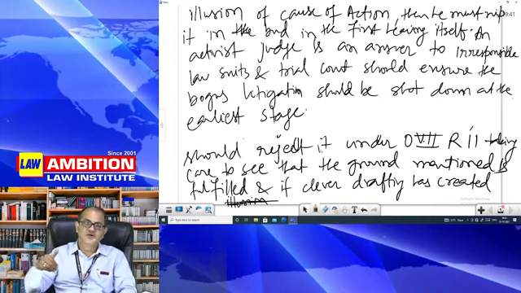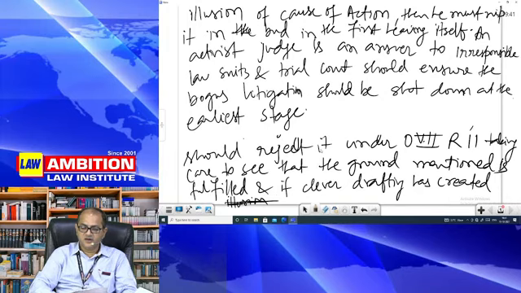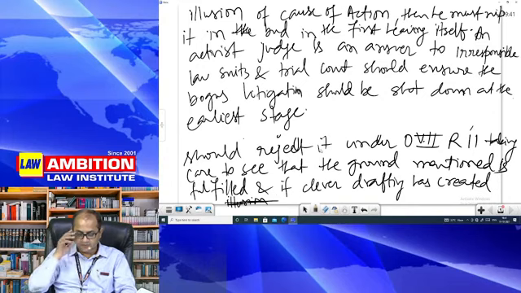It should be read as a whole. It should not be formal, it should be fair. It should not be cursory, it should be clear reading of the facts of the plaint.